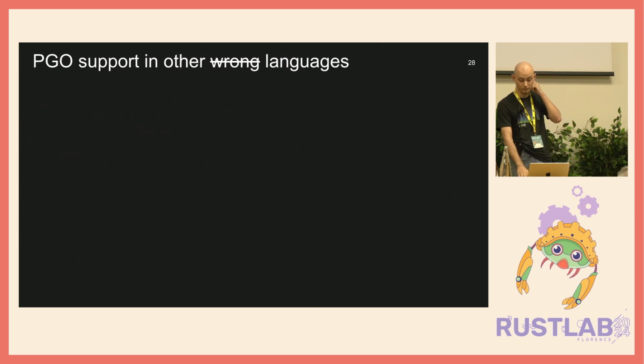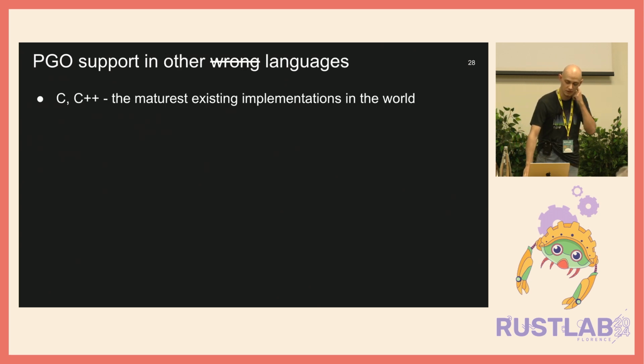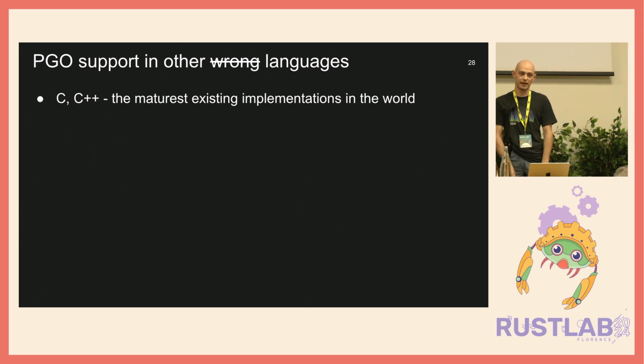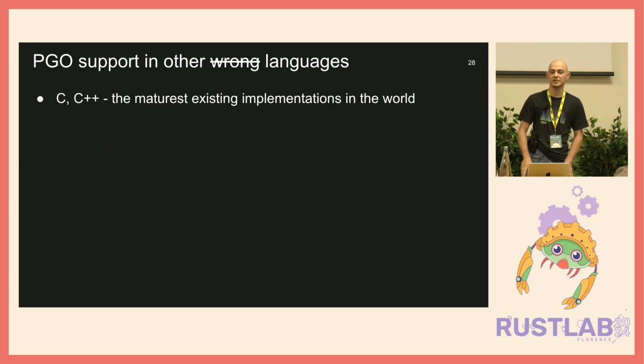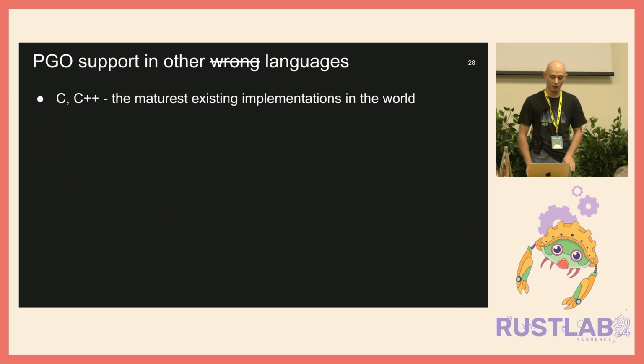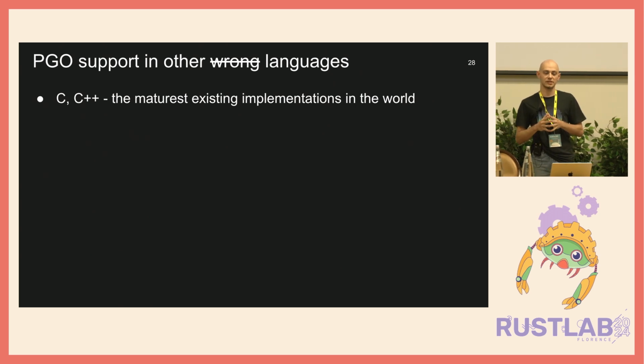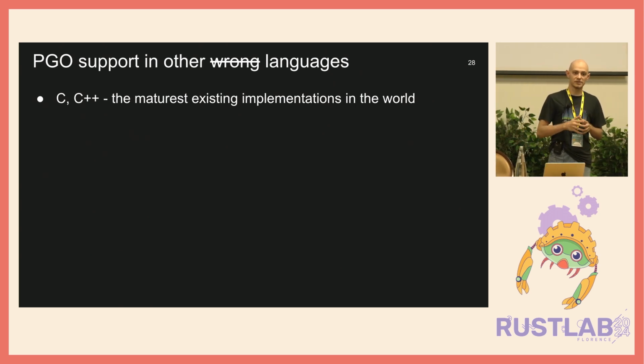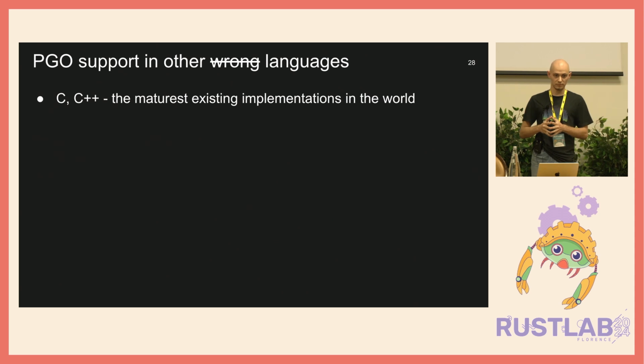What about support in other languages? C and C++ have the most mature existing PGO implementation in the world, simply because Google invested a lot of money into them. So all modern developments in this area are first implemented for Clang by Google and sometimes by Facebook/Meta developers.